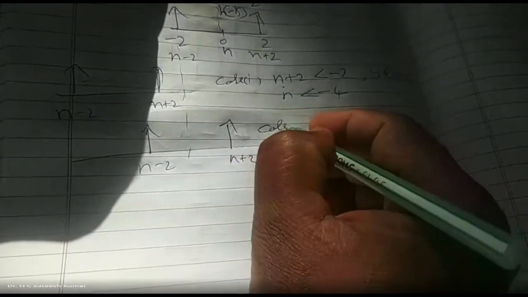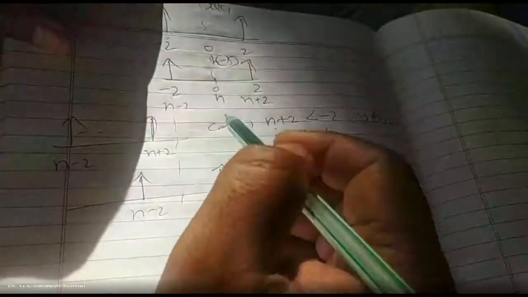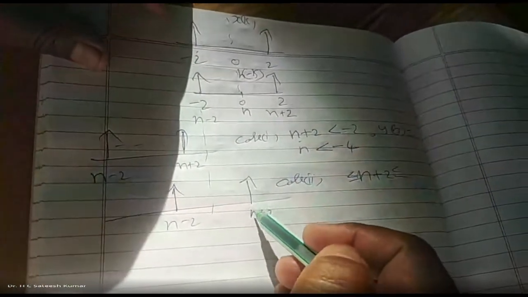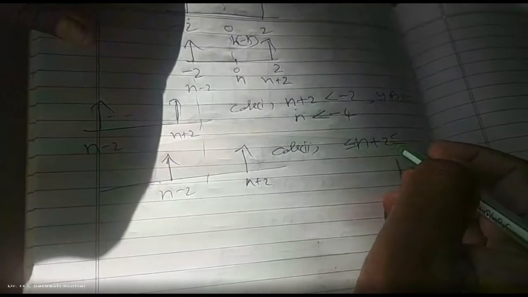Case 2. n plus 2 is the right edge of the signal. Since the width is the same, as long as the right edge of the signal lies between minus 2 to plus 2, the area goes on increasing. Once the right edge of the second signal reaches 2, the left edge is reaching minus 2 because the width is the same, right? So n plus 2 lies between minus 2 and plus 2, or n lies between minus 4 and 0.